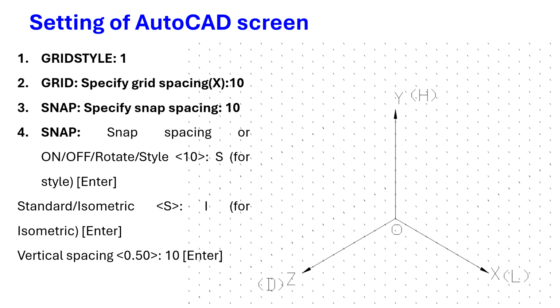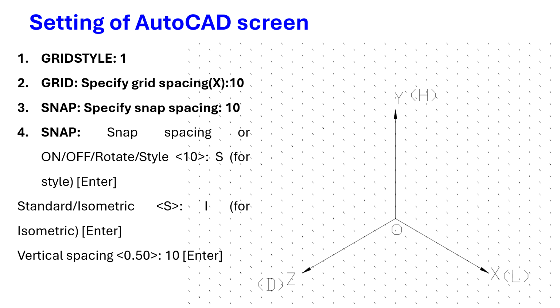Again you type snap, and then it will ask for the snap spacing, but here you can select yes for entering the style, and when it shows standard or isometric, you click on isometric, or you type I for isometric, and then the vertical spacing is 10 mm.